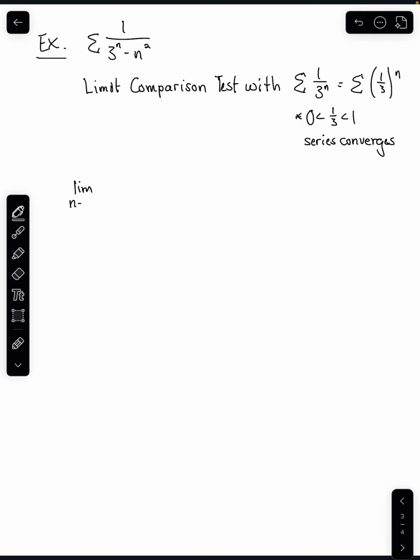So for the limit comparison test, we will take the formula for the term of the original series over the formula for the term of the comparison series, where, once again, we're going to see this become the numerator fraction multiplied by the reciprocal of the denominator fraction.